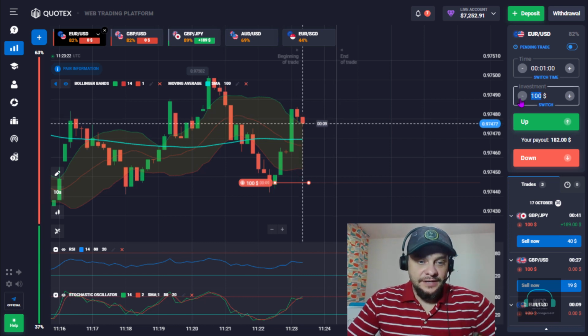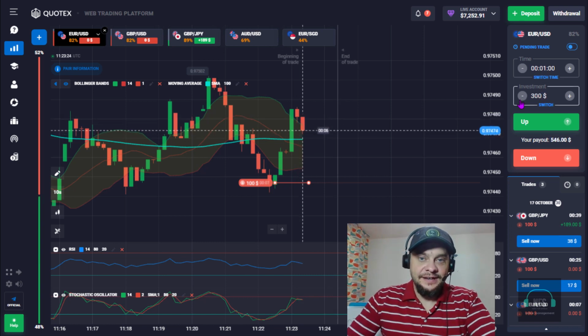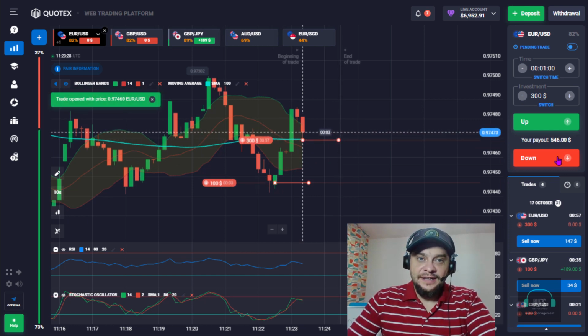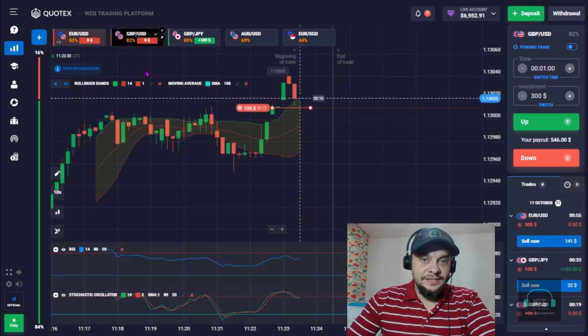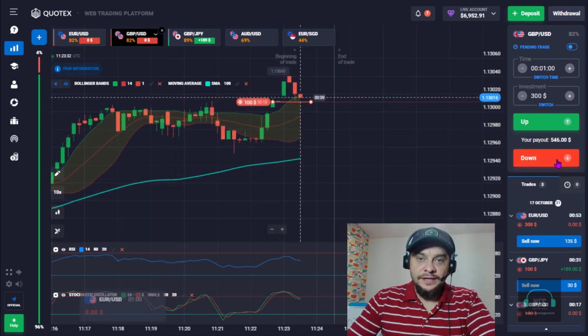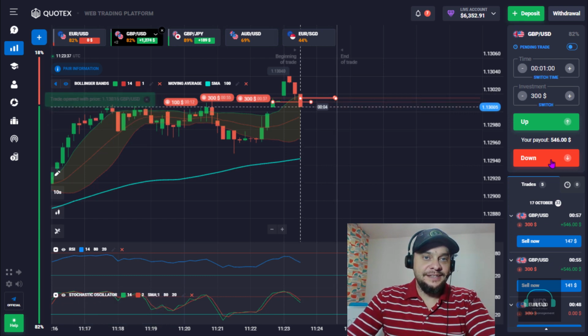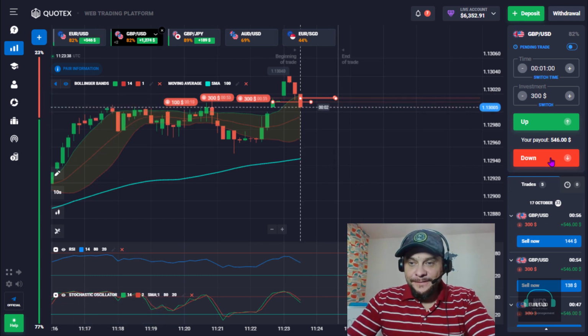Let's triple up here, $300, and let's place a down trade here on Euro USD, and let's see GBP USD, down trade $300. Two $300 trades here on GBP USD.